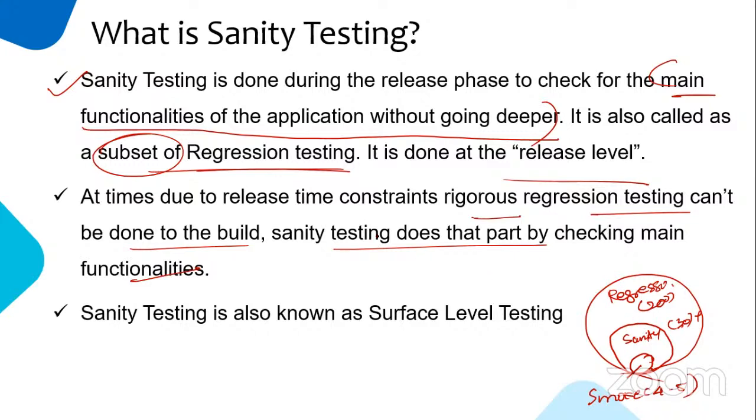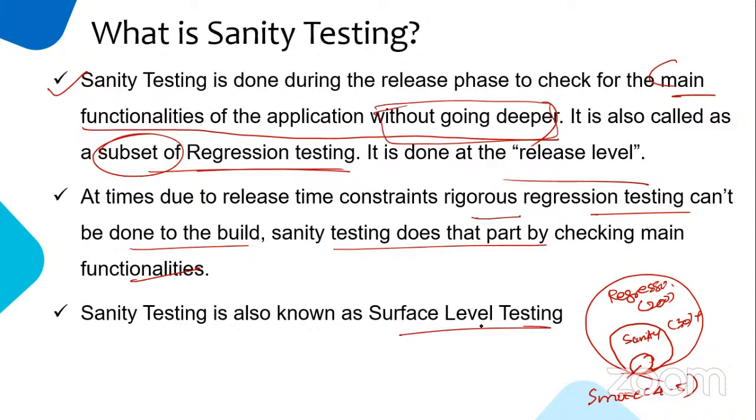So words are very important. Build verification, very major critical flow: smoke testing. This is not major, it is main: all main functionalities of the application without going deeper. That's very important.